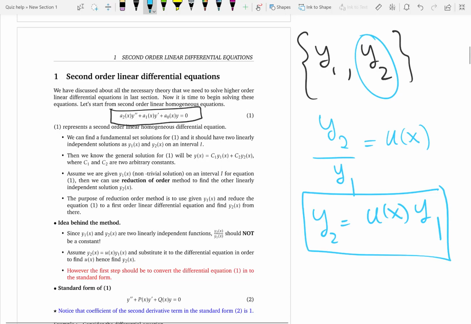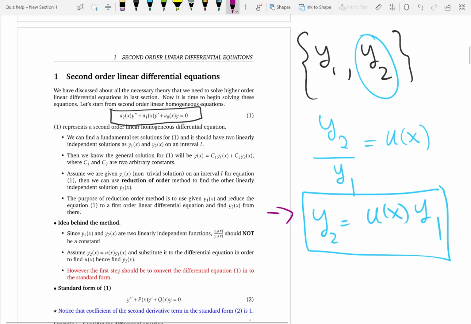Now the method that we are going to learn in this section is called the reduction of order method. The reduction of order method starts with this specific step. You have a second order linear homogeneous differential equation, but also think, what if you know one solution?